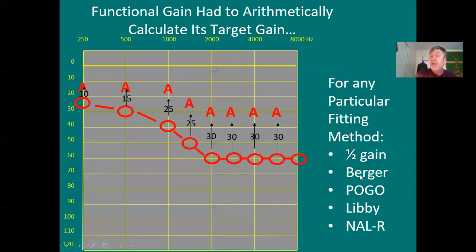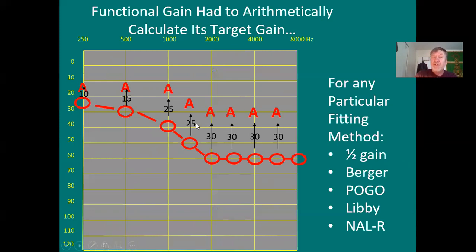Half-gain, Berger, POGO, Libby, NAL-R. Okay, half gain. Notice how the A's are exactly halfway, with the exception of this one. This is less. Upward spread of masking concerns. But basically, all the other ones, the A's are lifted exactly halfway to 0. Okay? So that would be the targets for aided thresholds for the half gain rule.